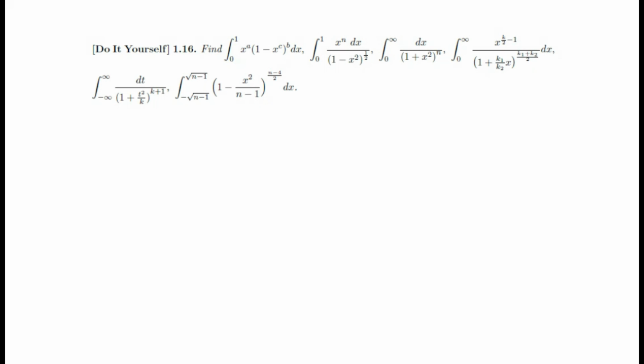Okay, and some problems I will discuss. So for the first problem, as we have already discussed, we need to put x to the power c equal to z, so that we can achieve the form 1 of beta integral.